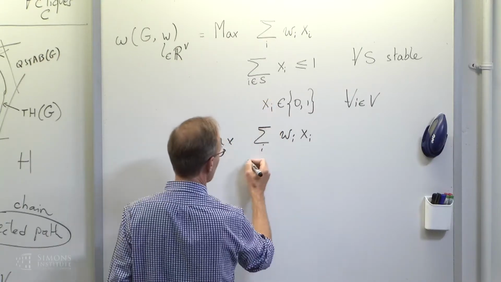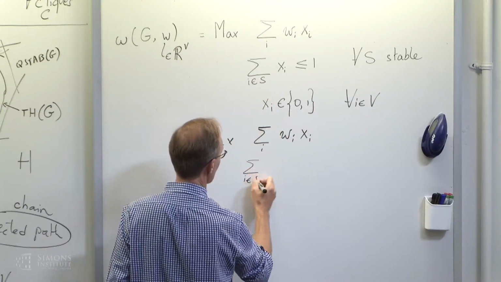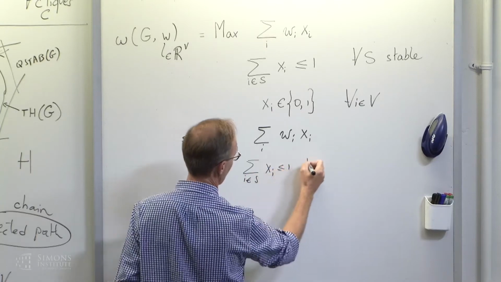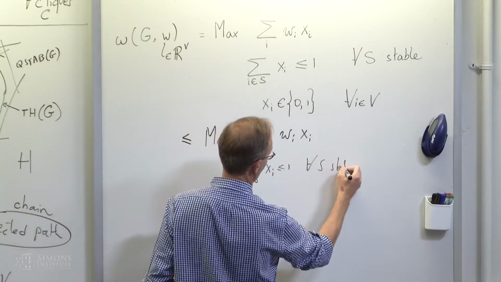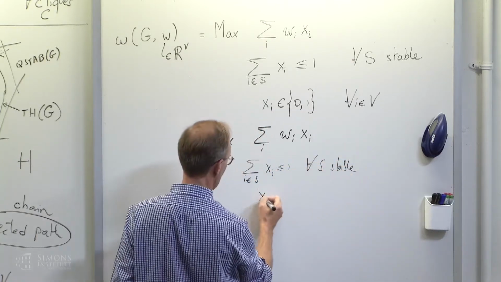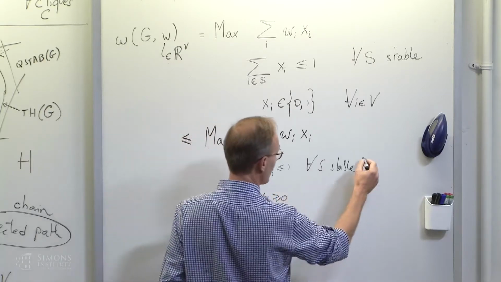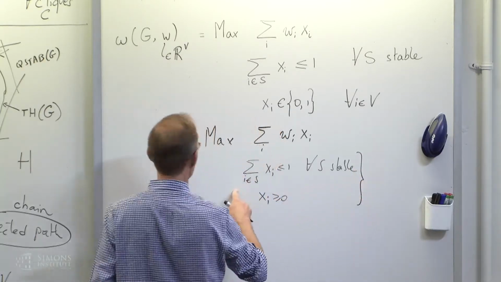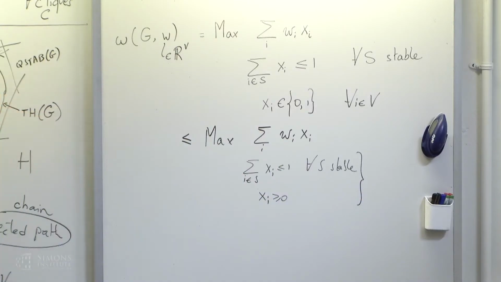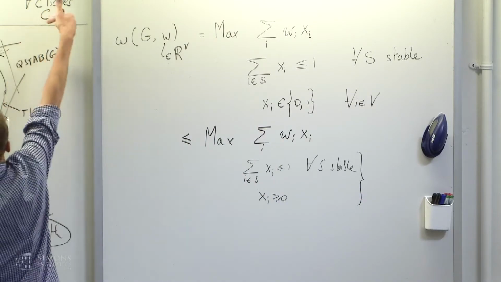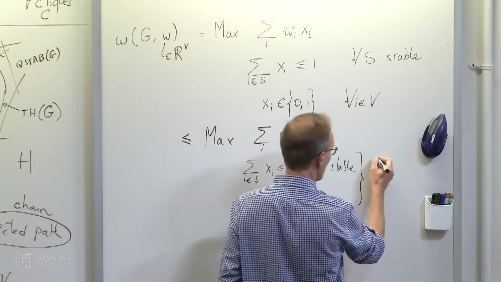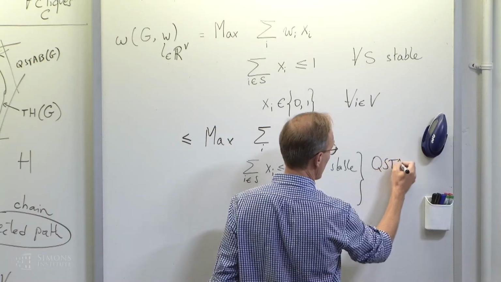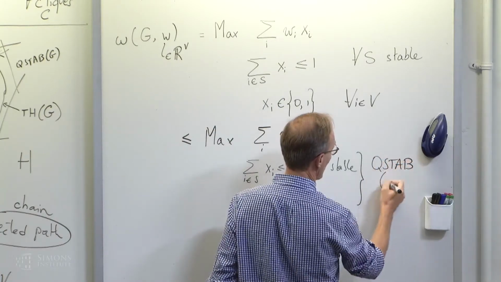So let me first write it down. But this is really the same as Q stab, except it's for the complement graph. So this is Q stab of the complement.